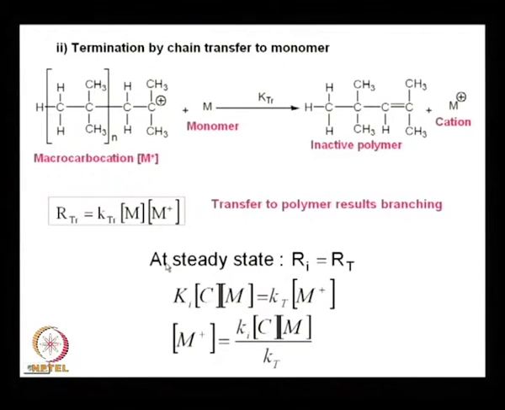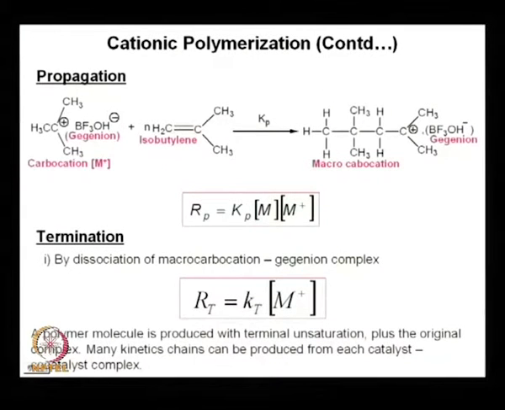What decides the termination, like what decides the dissociation of the macrocarbocation? It is a very good question. You see, in the system, this active center is present. Now, surrounding that center, what are the agencies present? Monomer and polymer, isn't it?